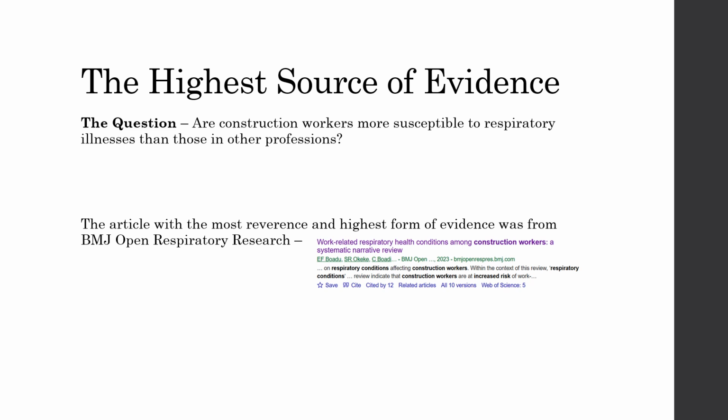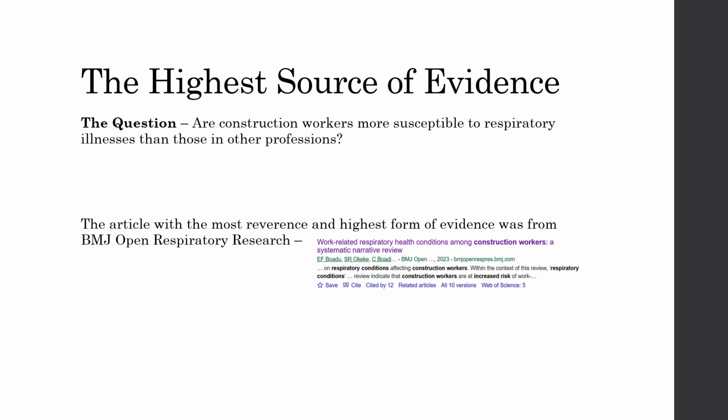So to put these two articles side by side, the ResearchGate article's scope focused exclusively on construction workers in the MENA region, which is not ideal. It did not compare to any other industries, and the conclusion was that the risk to construction workers is greater, but it just didn't compare to any other jobs.